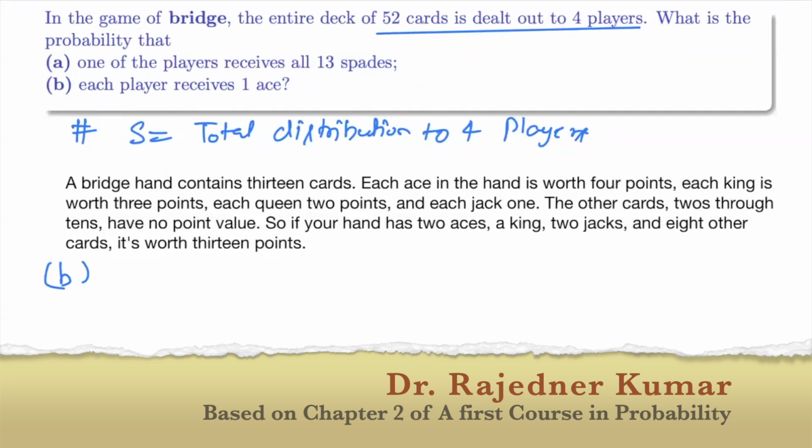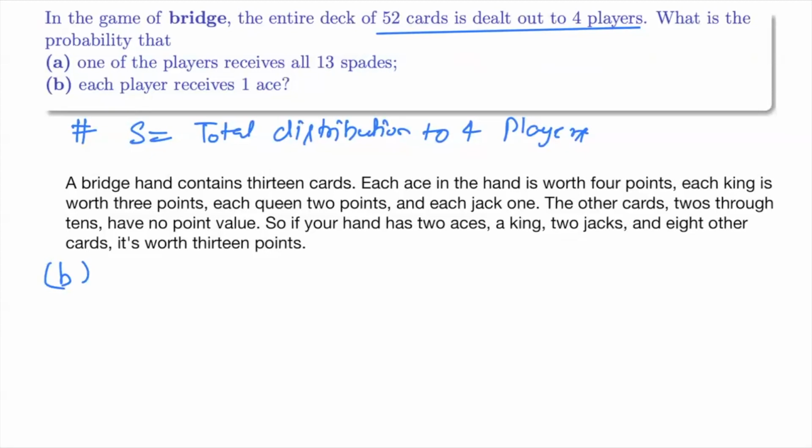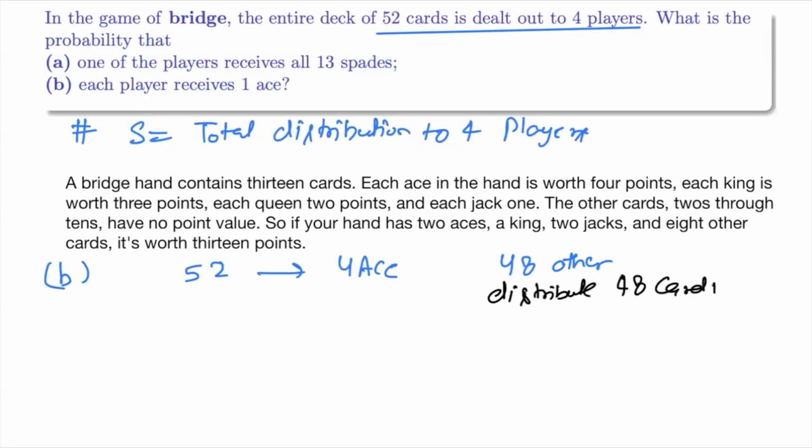If each player receives 1 ace, that means out of 52, there are 4 aces and there are 48 other cards, and we are going to distribute these left out 48 cards to 4 players, and every player will then receive 12 cards.